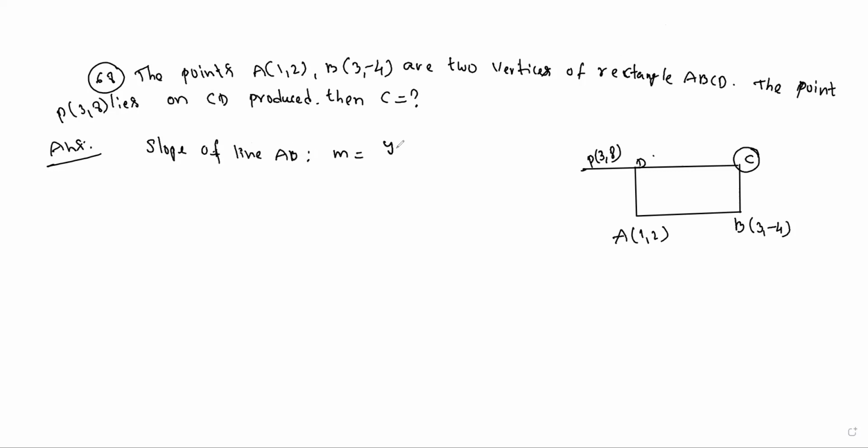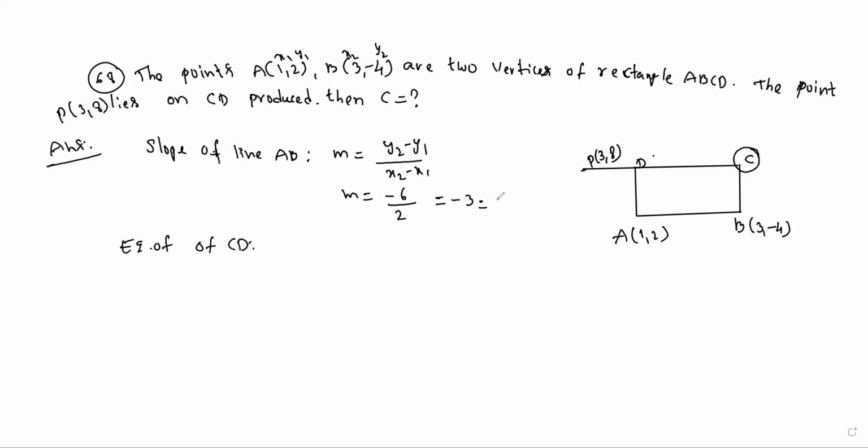Now when two points are given, the slope formula is y2 minus y1 by x2 minus x1. These points are x1, y1, and these two are x2, y2. Minus 4 minus that is minus 6, 3 minus 1 that is 2. Now finally, how much slope will you get? Minus 3.